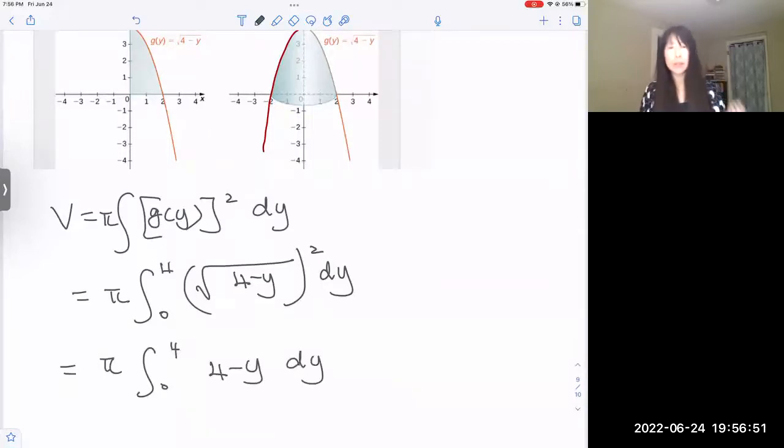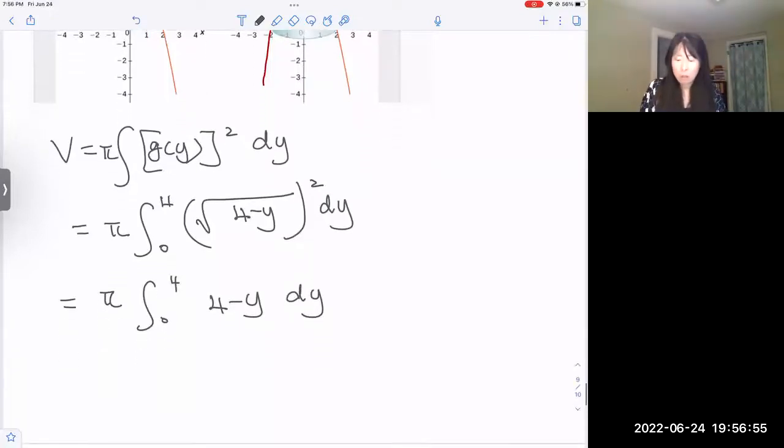Now we can integrate. Pi, the first term, what do we have? 4y, very good. Second term, what do we have? y to the second over 2.